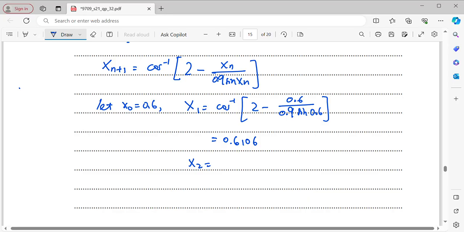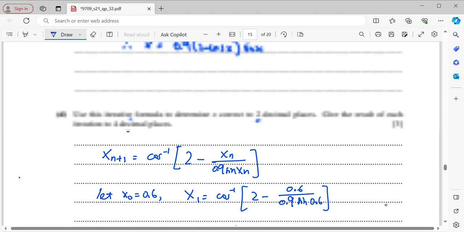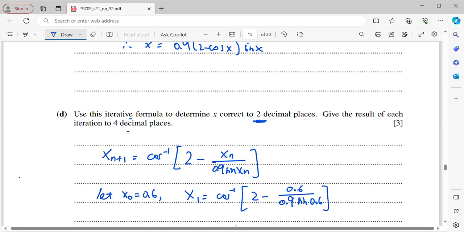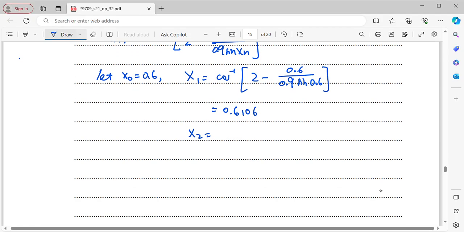Then x2. Okay, so now your final answer is to 2 decimal places. So make sure you get 2 same decimal places, otherwise you have to continue. So from here we have to continue for the next step. Then this is going to be 0.6151.